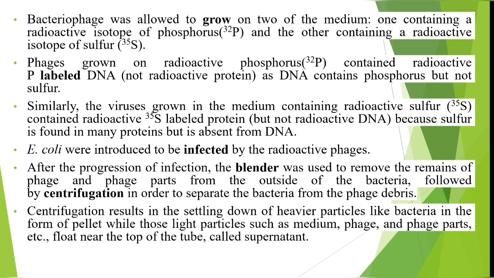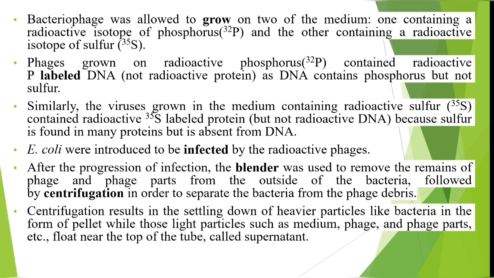Phages grown on radioactive phosphorus contain radioactive P32-labeled DNA, as DNA contains phosphorus, not sulfur. Phosphorus or phosphate is a part of DNA but not sulfur.